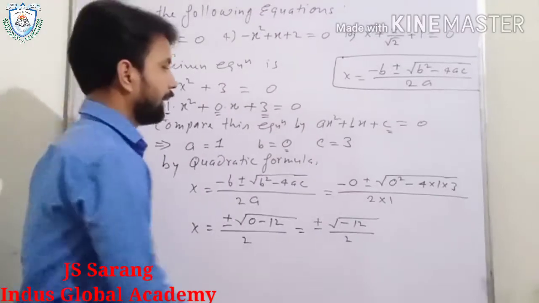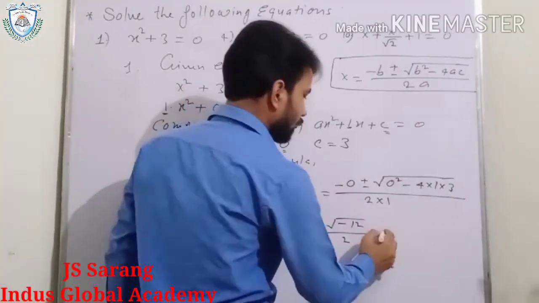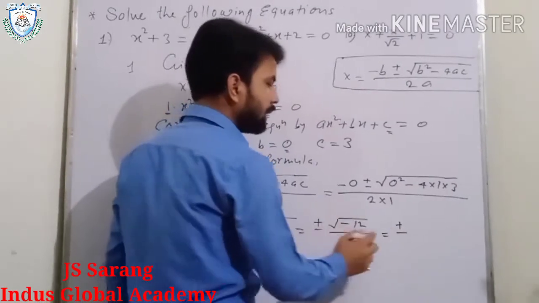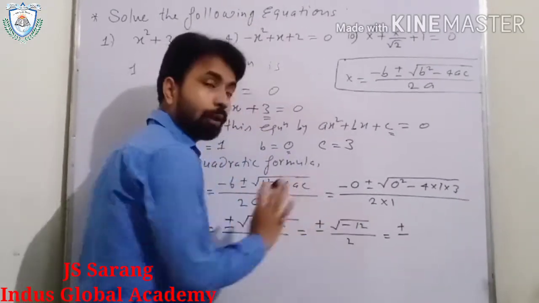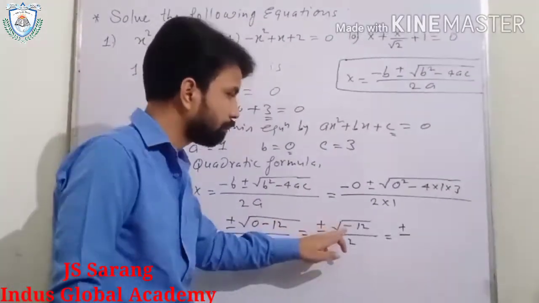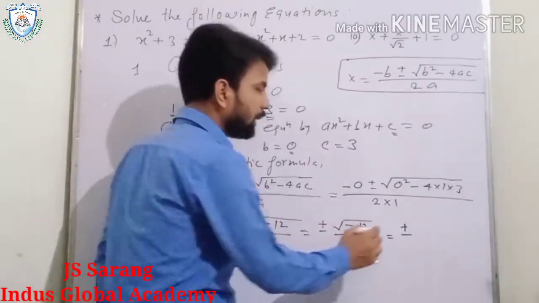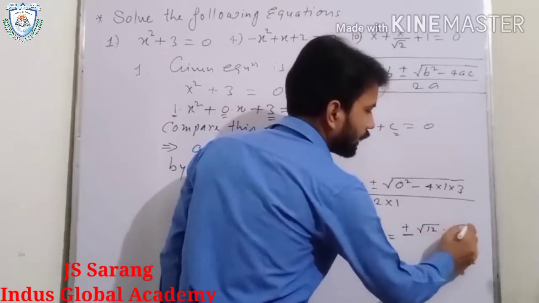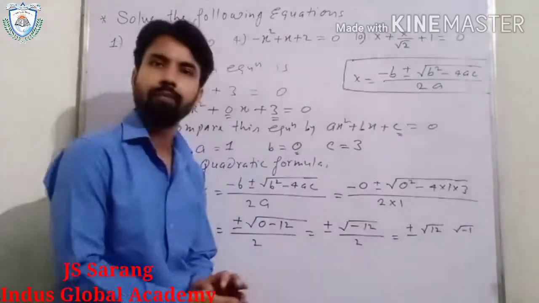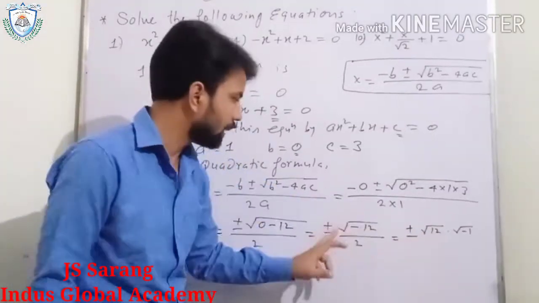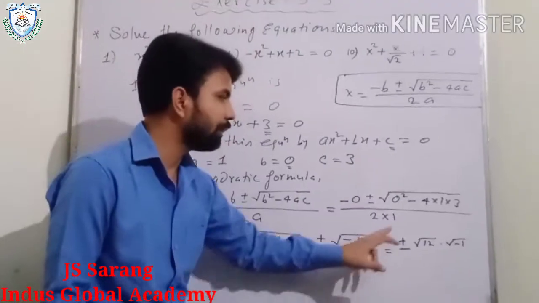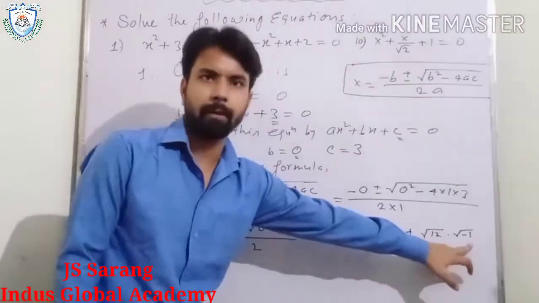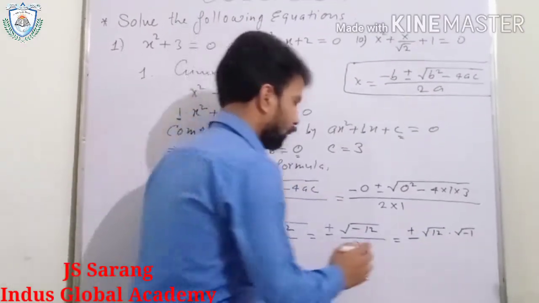Clear? Okay. Now see, this plus minus will remain same and under root minus 12 can be written as under root 12 into under root minus 1. Hope it is clear. Under root minus 12 can be separated as under root 12 into under root minus 1. Clear? Upon 2.